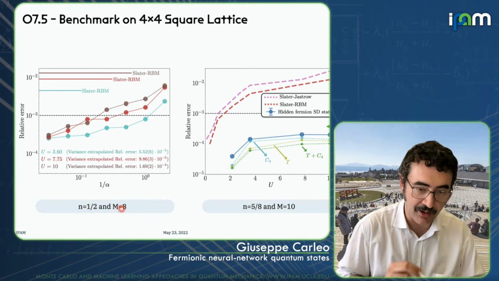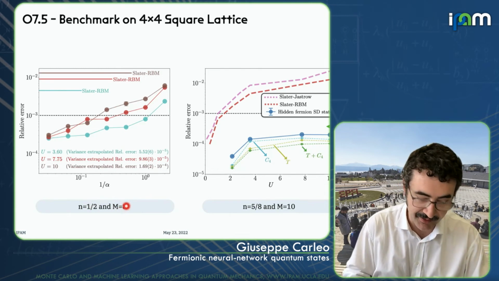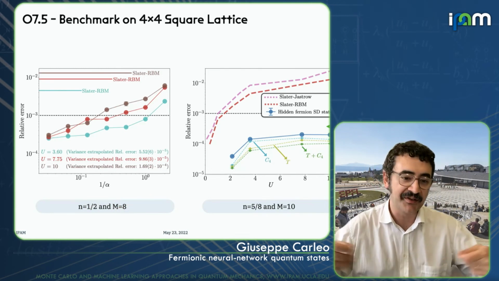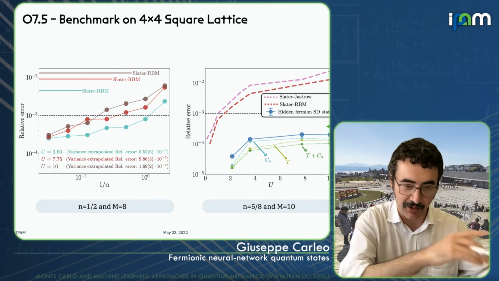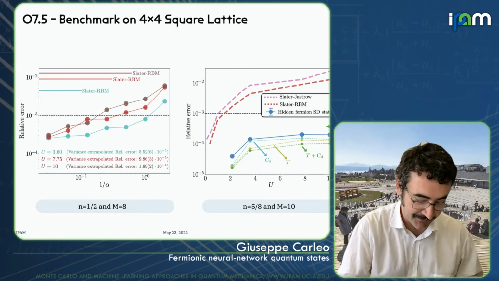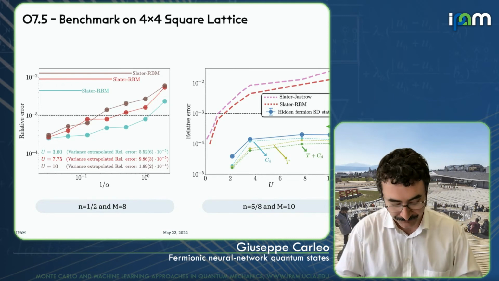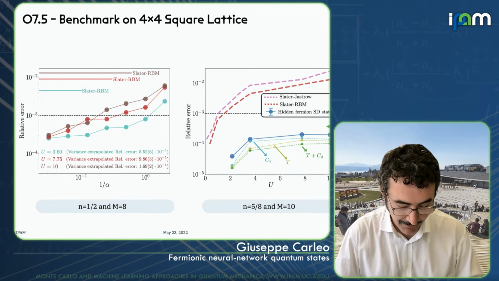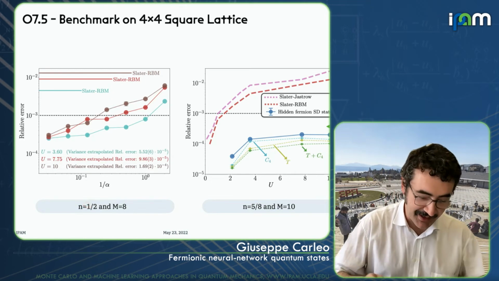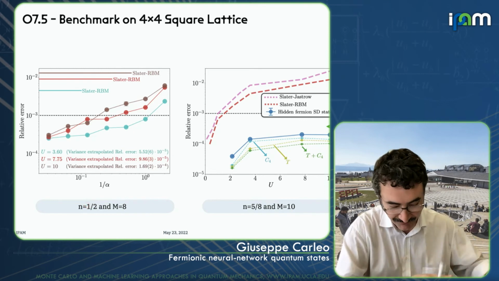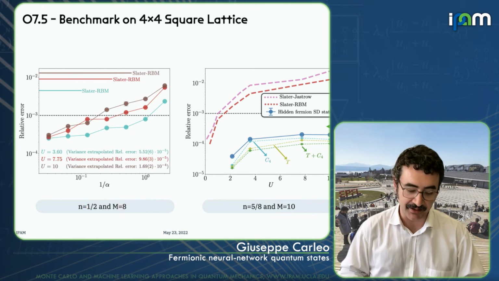The number of hidden fermions that we take here is 8. Sorry, we have 16 physical fermions, and we have 8 hidden fermions instead.